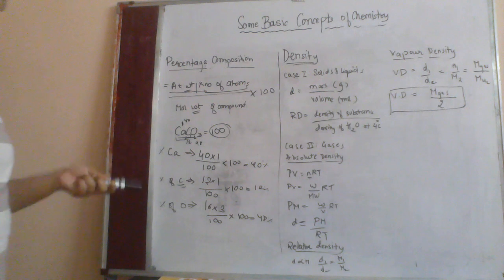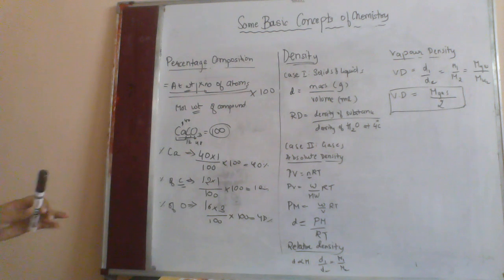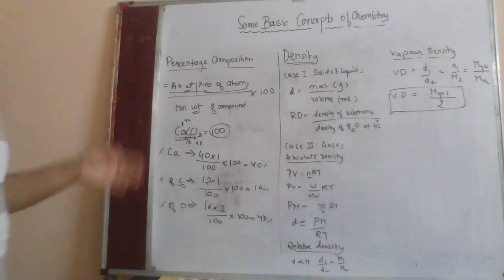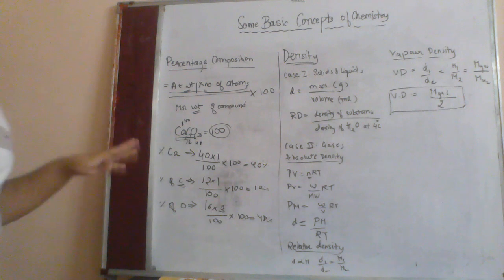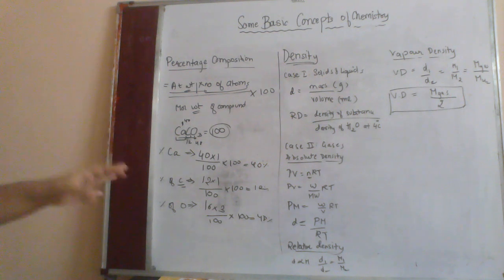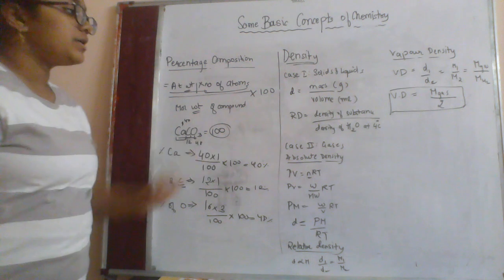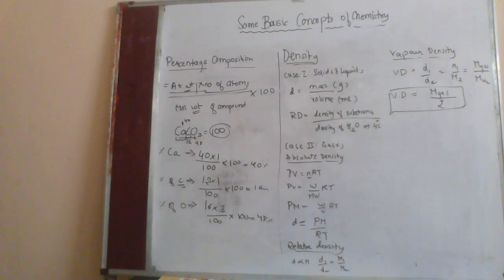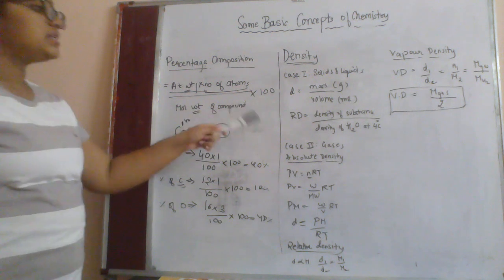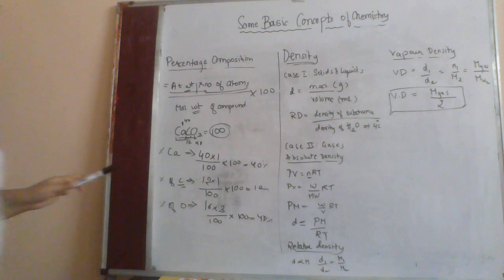Therefore the unit is gram per ml. Whereas the relative density RD is density of the substance, the element or compound which I have, divided by density of H2O, that is water, at 4 degrees Celsius. So this is a unitless quantity because density by density, the units get cancelled.